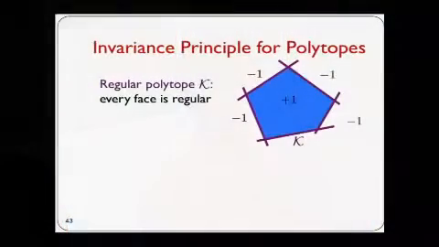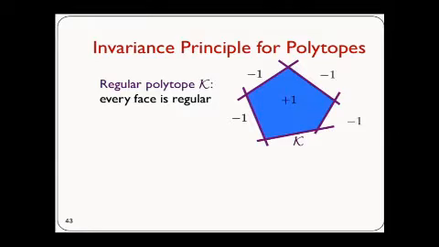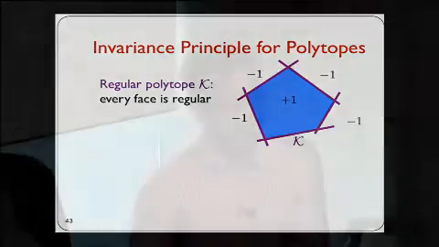And this is the exact question we address in our invariance principle for polytopes. So let's say you have a polytope in n dimensions with k bounding faces, and all the points inside the polytope would be labeled positive, all the points outside would be considered negative. And we'll call the polytope regular if every bounding hyperplane of the polytope is epsilon regular.